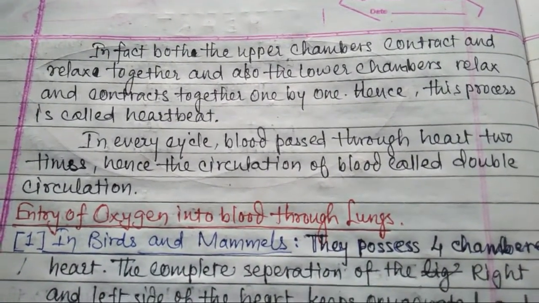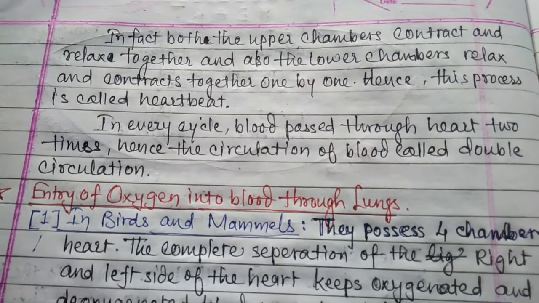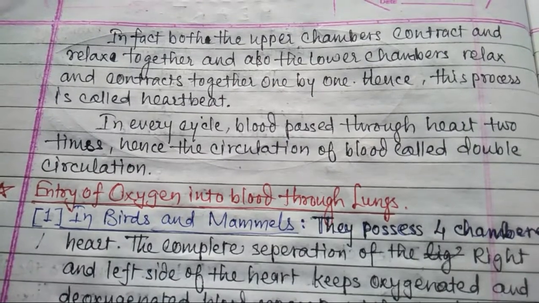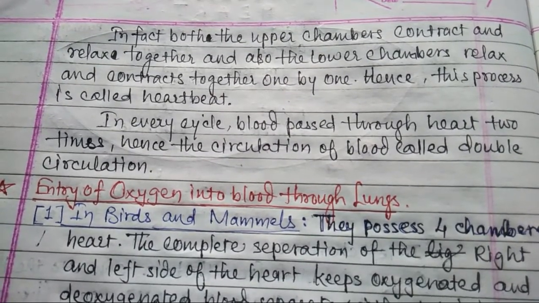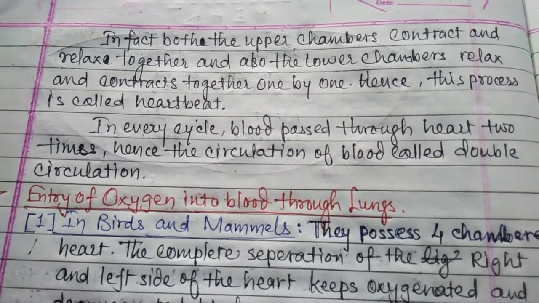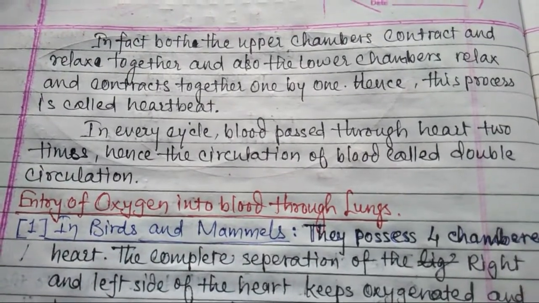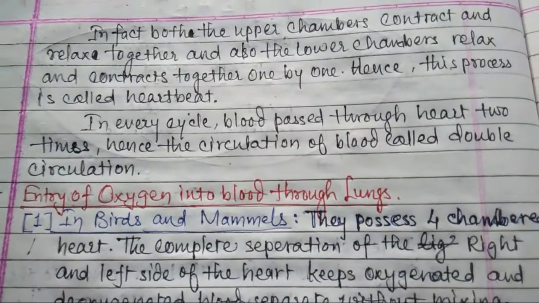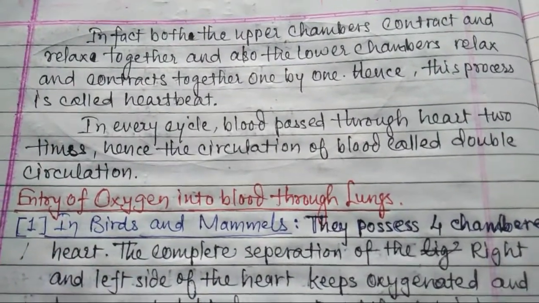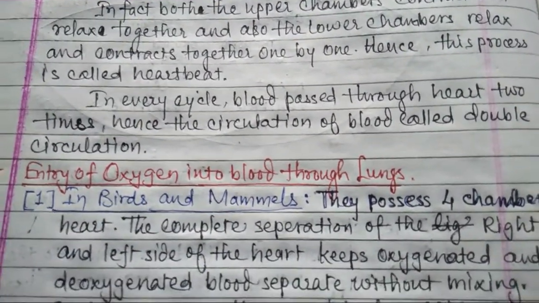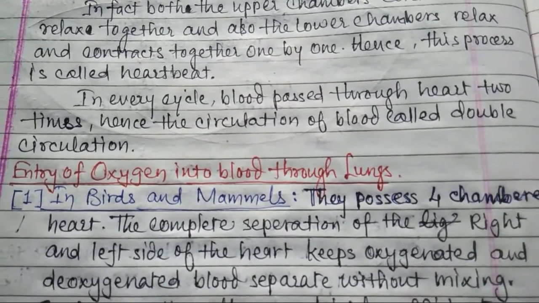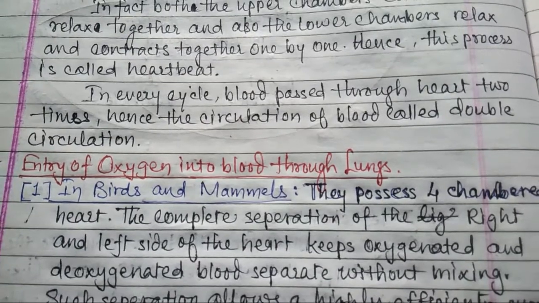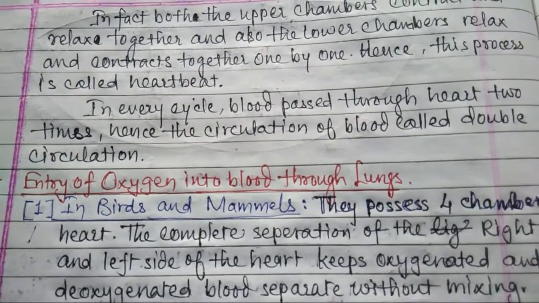First the upper chambers contract and the lower chambers relax. Then the lower chambers contract and the upper chambers relax. This occurs continuously, and this is the heartbeat. In every cycle, blood passes through the heart two times. Hence, the circulation of blood is called double circulation.